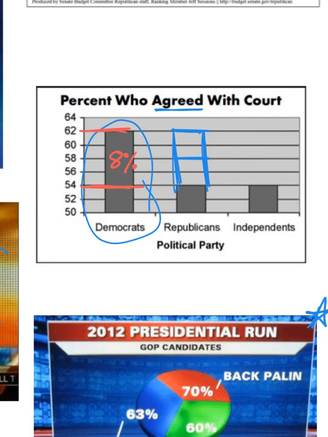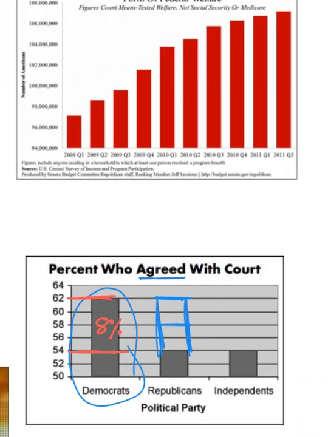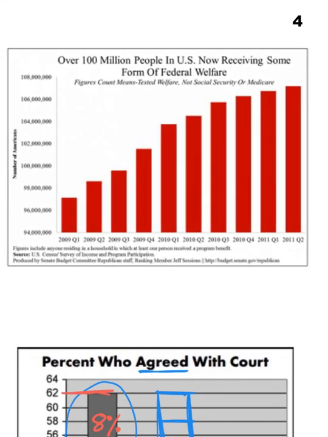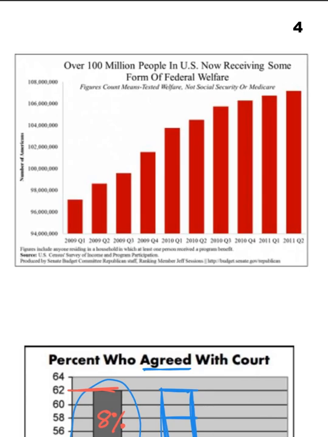Okay? So misrepresentation. Here we are also having the violation of this area principle because this is demonstrating what's happened from quarter 1 of 2009 to the second quarter in 2011. So a little over 2 years, it looks like over 100 million people in the U.S. are now receiving some form of federal welfare. Okay, so here's what's the issue.